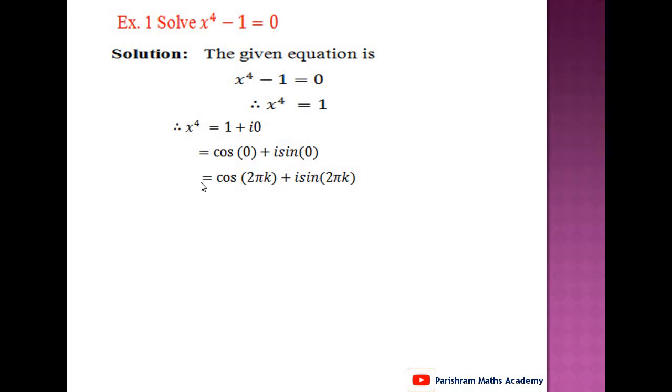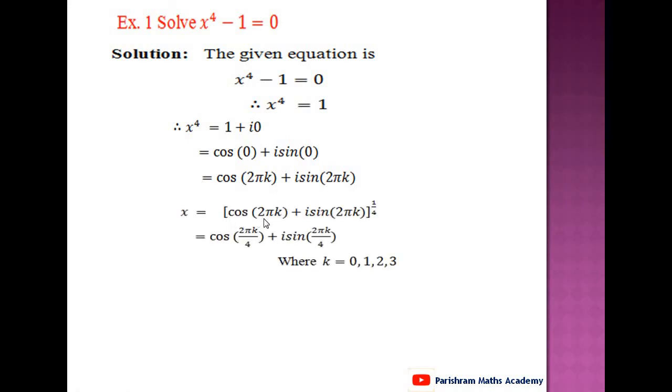This is the value of x raised to 4. And therefore x equal to cos of 2 pi k plus i times sin of 2 pi k, whole raised to 1 upon 4. That is cos of 2 pi k upon 4 plus i times sin of 2 pi k upon 4, where k equal to 0, 1, 2 and 3. Because this is a fourth degree equation, it has 4 roots. So we can take k equal to 0, 1, 2 and 3.